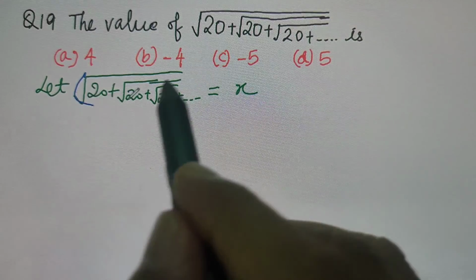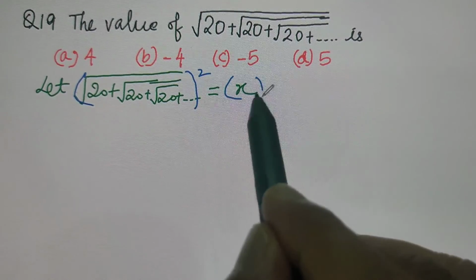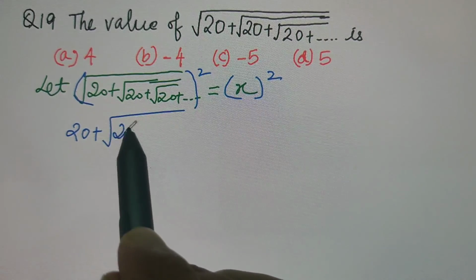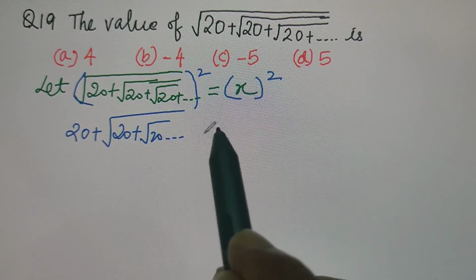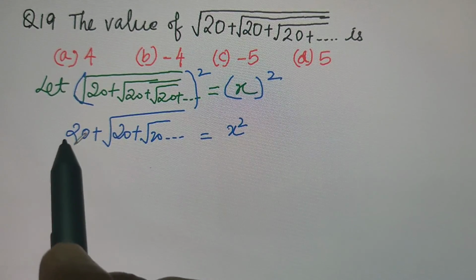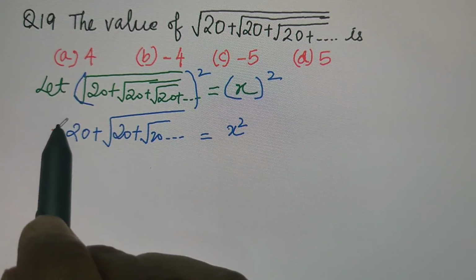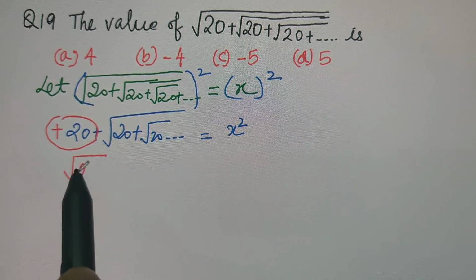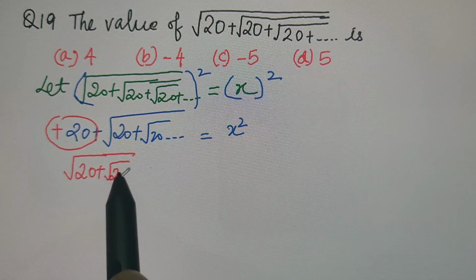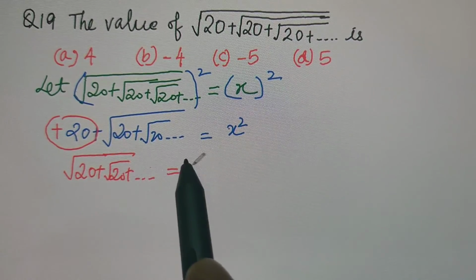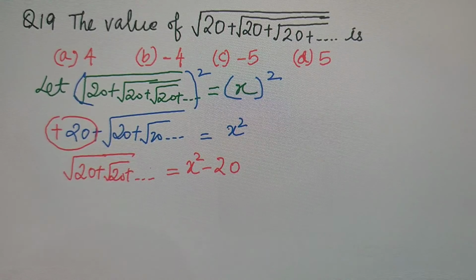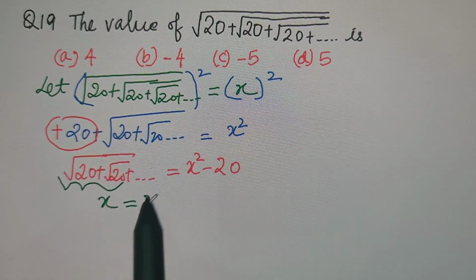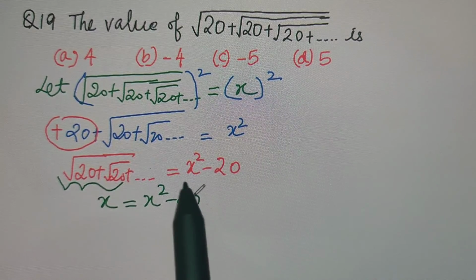Now what we can do is square both the sides. So we get 20 plus root x equals x square. Transposing the 20 towards the right hand side, I get 20 plus root x, and this part is written as x square minus 20.